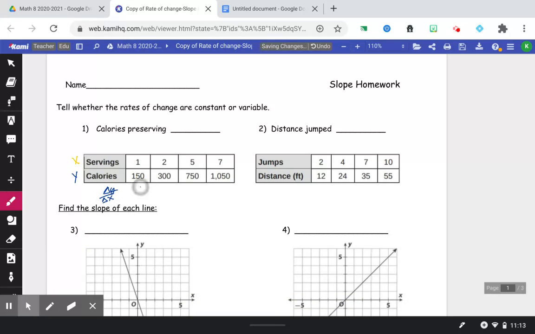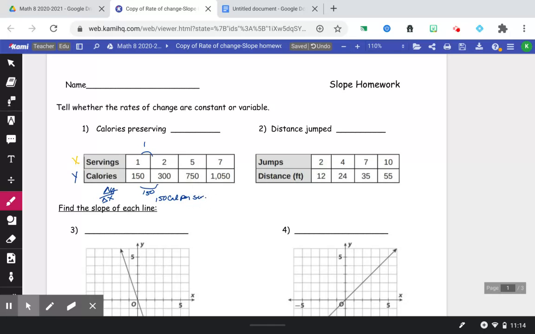If I look from 1 serving to 2 servings, the change of y is 150. The change of x is 1. So between 1 serving and 2 servings, this has a rate of 150 calories per serving.